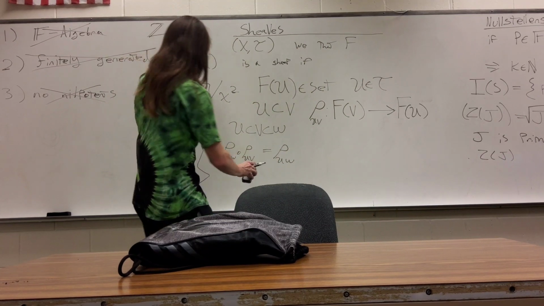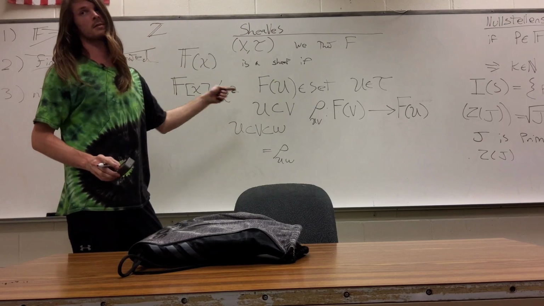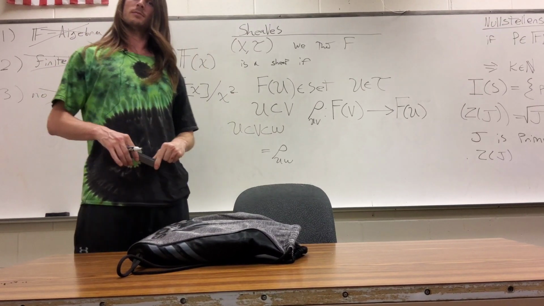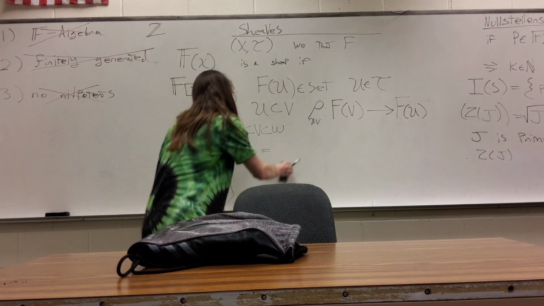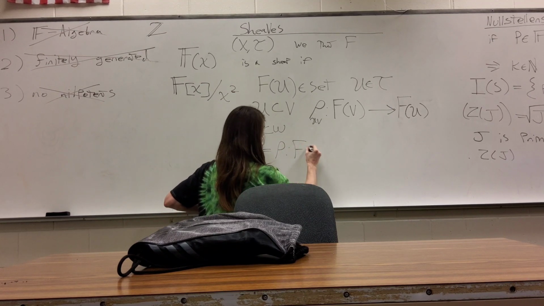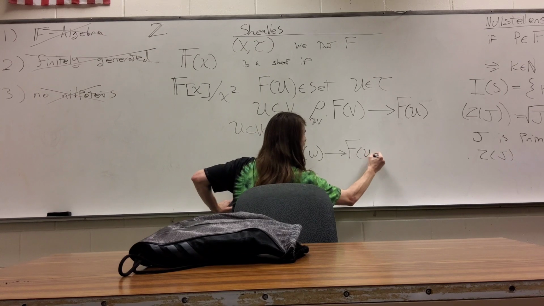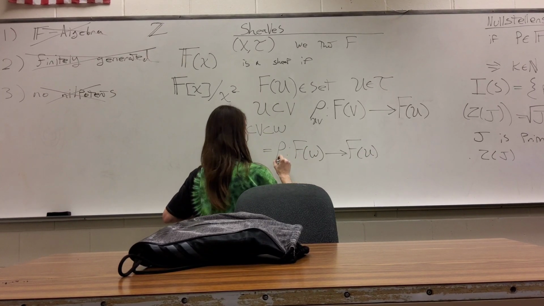Isn't F of U supposed to be an abelian group? If it's a sheaf of abelian groups. Sheaves don't have to be sheaves of abelian groups. They could just be sheaves of sets. Let me make sure that I'm actually doing this right. So we go from F of W into F of U. Just because I'm getting a PhD doesn't mean this isn't too much for me to think about.